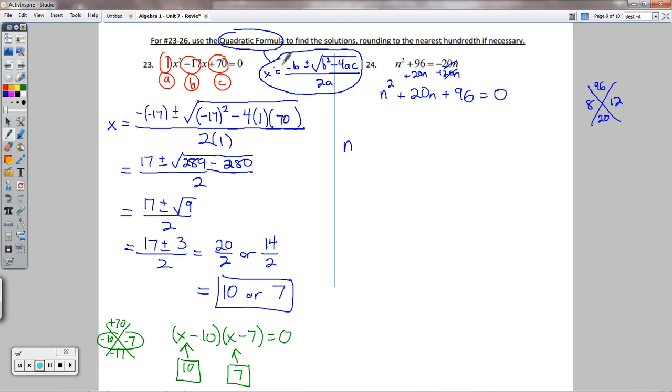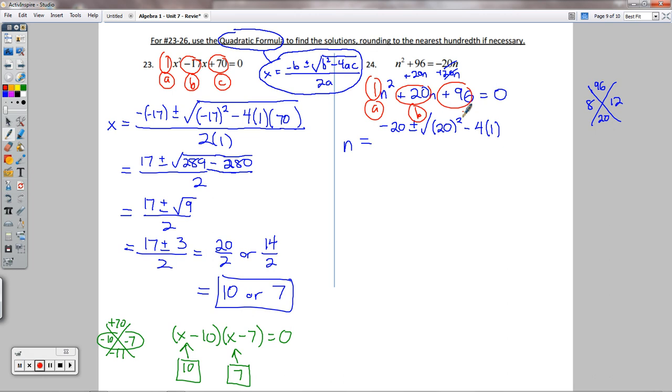So now instead of x equals negative b, we're going to use n because that's our variable. But n equals negative b, n equals negative 20, plus or minus the square root of b squared, 20 squared, minus 4ac. A is 1 right there. That's an invisible 1 right there. Your b is 20.